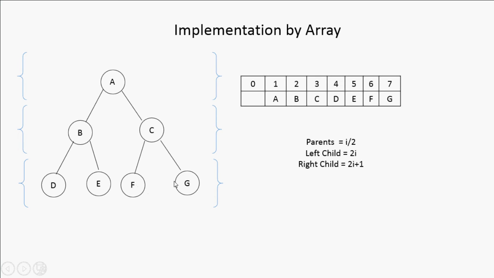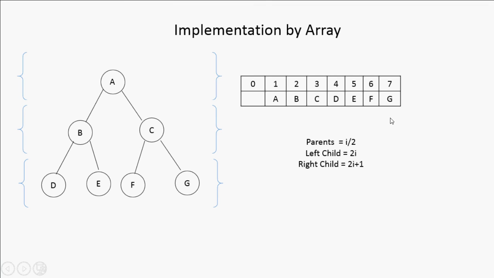Same thing with F, 6. The parent is C, index 3. With G also, 7 divided by 2 is 3, because it's 3.5, but if you assign it to an integer, then it gets truncated because you cannot save decimals in an integer.